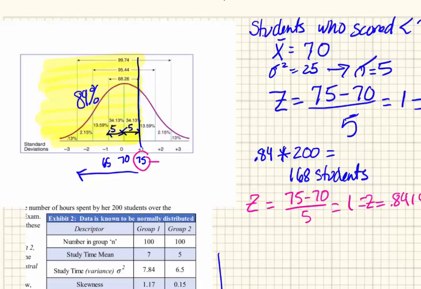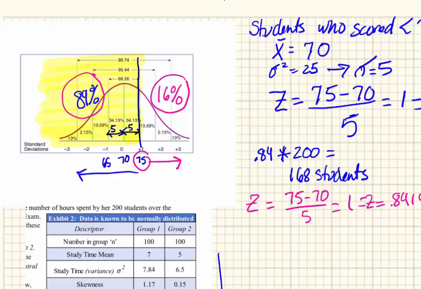So I want to know this percentage. Well, if this side here is 84%, all that's left is 1 minus 84, or 16%, which is what's on the other side of the normal distribution.